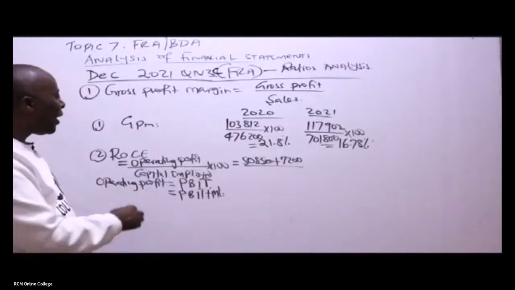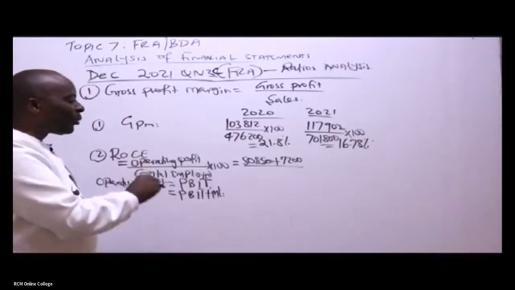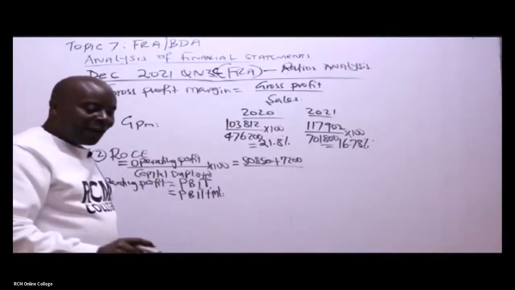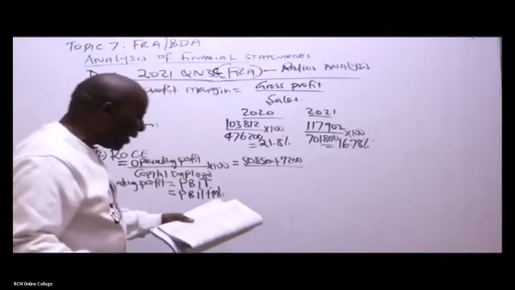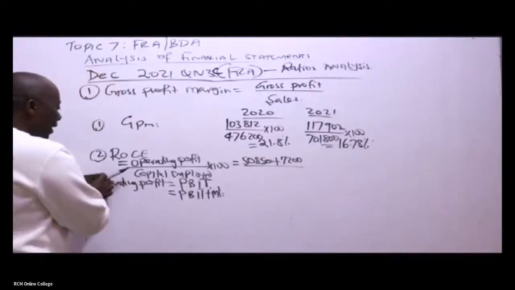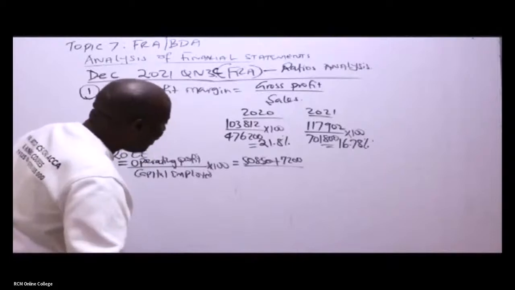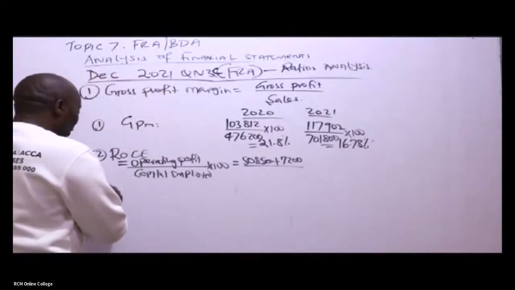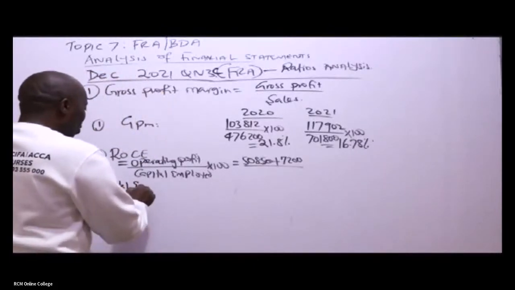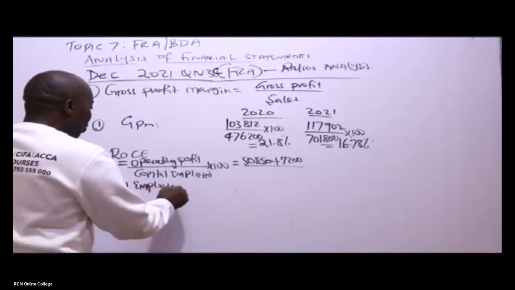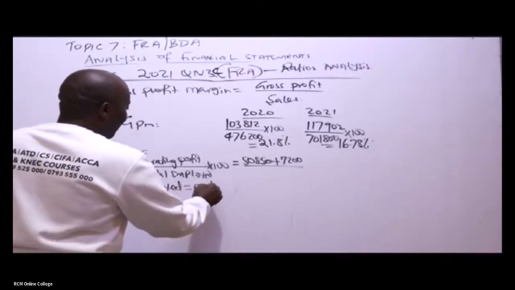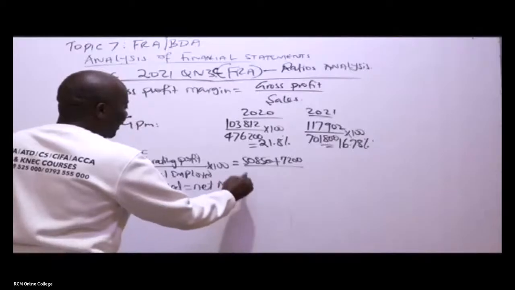All over. How about this capital employed? Please write your own notes very well. Again, here you have to be very, very careful. Whenever you hear capital employed, this is the same as net assets.